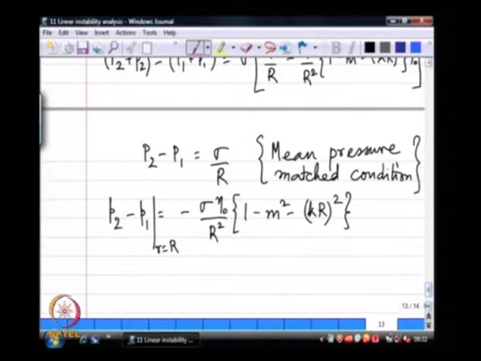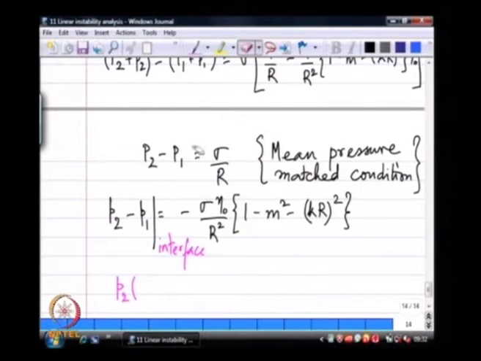I will write this at the interface for now and I will show you how this comes about. If I take P2 as an example, which is inside the jet, P2 at the interface, the interface location is given by capital R plus eta, which is a function of z and time.